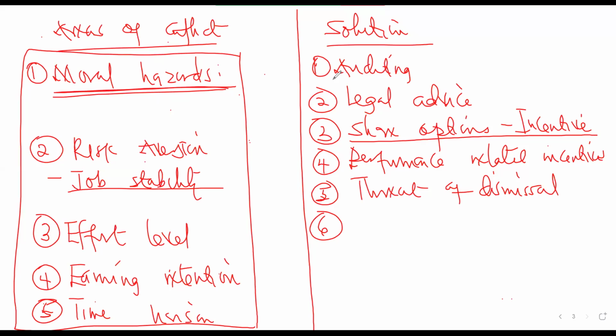But if it is performance-related pay, your actual salary will be determined by what you are doing. If you come to the workplace and work for 2 hours, we pay you based on the 2 hours that you have worked. But with incentives, we pay you your normal salary, and if you're able to achieve this target, we can add a bonus to your normal salary.